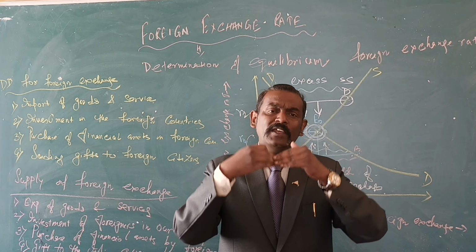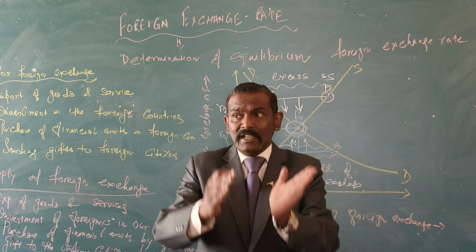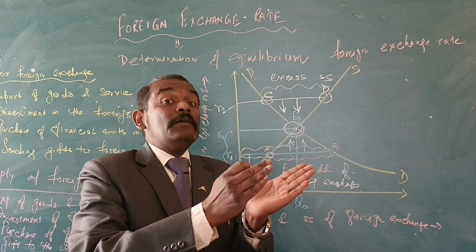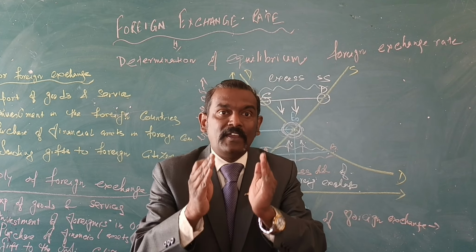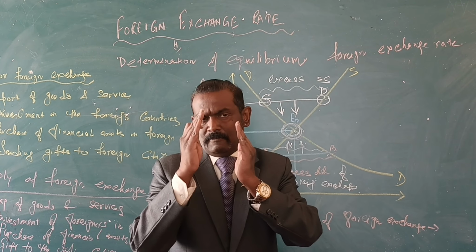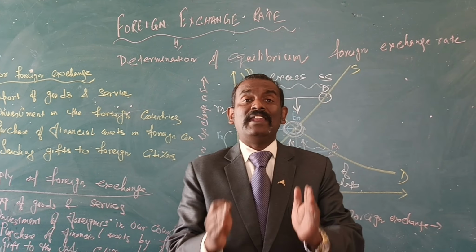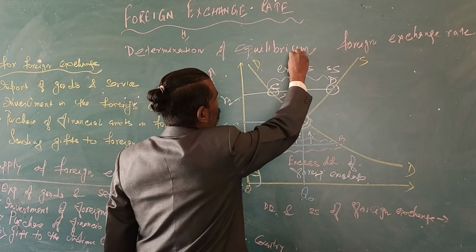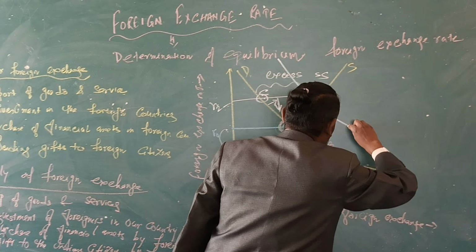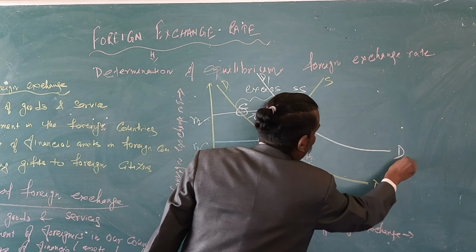Now, if we import more and more, it implies that there will be a rightward shift of the demand curve at the given exchange rate. There will be more and more demand at the given exchange rate. So the whole demand curve will shift in the rightward direction to D1.